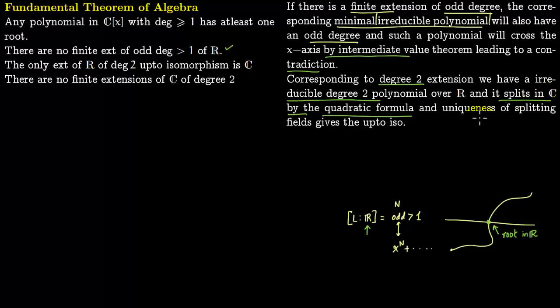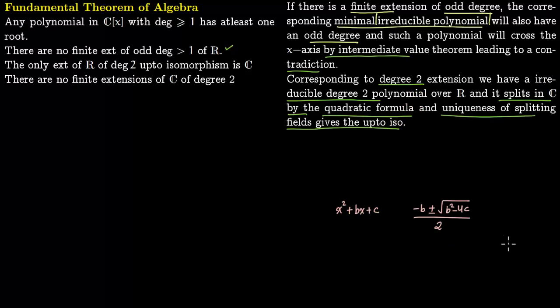And if it splits in C, the uniqueness of splitting fields means that this C is isomorphic to the other splitting field. So uniqueness is up to isomorphism. Again, say your degree 2 extension and the corresponding irreducible polynomial of degree 2 looks like this.